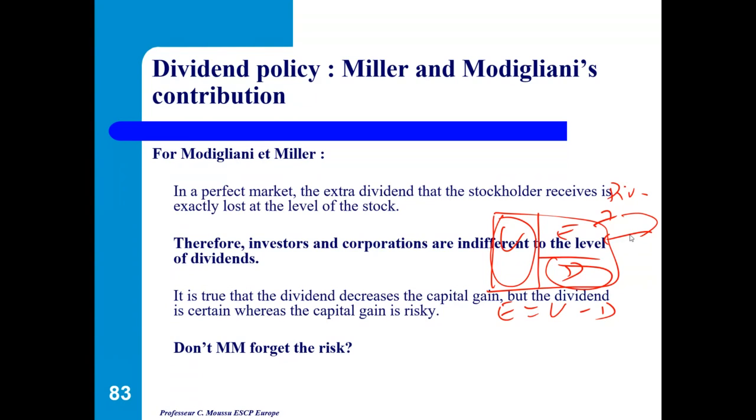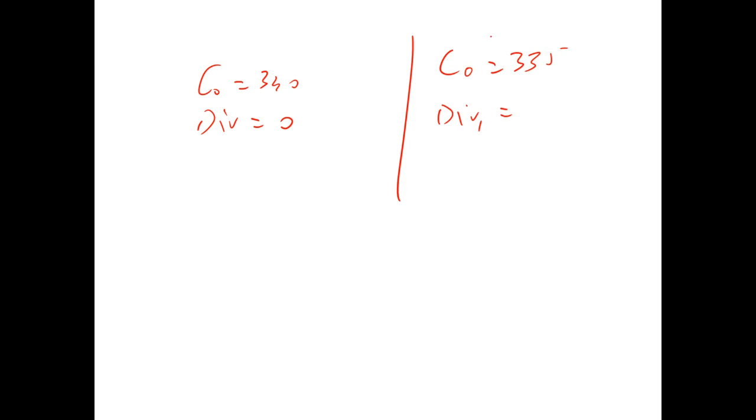So if I summarize a little bit with my small example, what Modigliani will say is, okay, you have a stock price of 340. Imagine I have a choice. Either the stock price is 340 and the dividend is 0, or you can choose to have a stock price of 335 and a dividend of 5.